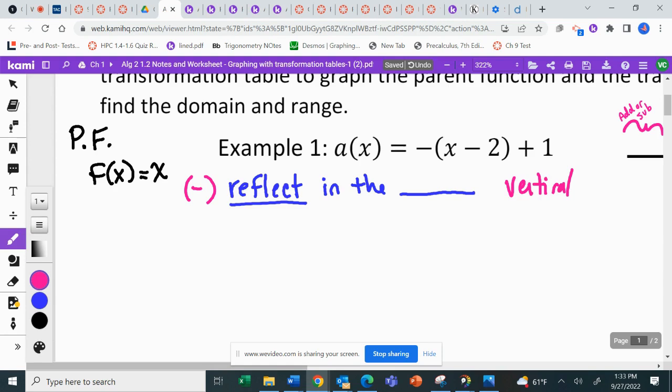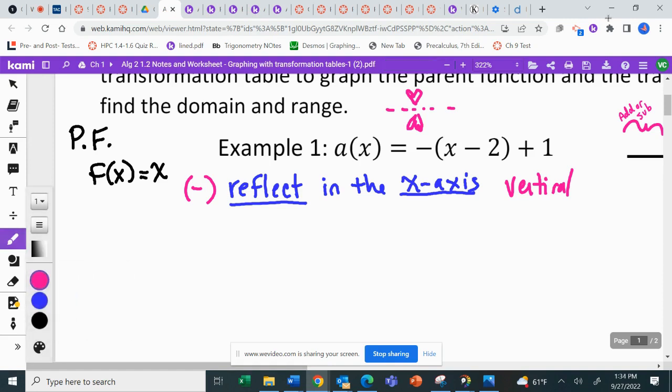You can't see me waving my hand up and down on the video, but imagine some sort of reflection up and down. So it's vertical. Which axis would that be reflecting over? The x-axis. So that's what I'm going to fill in here. Yes, because it's on the outside of the parenthesis, exactly.